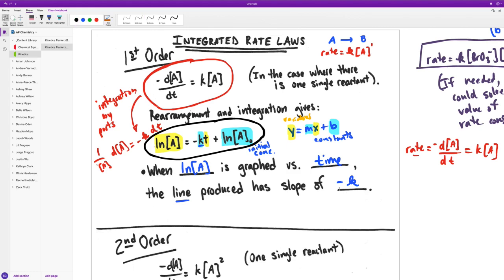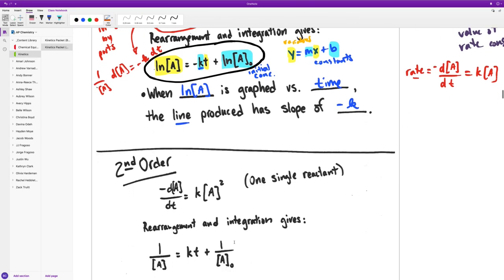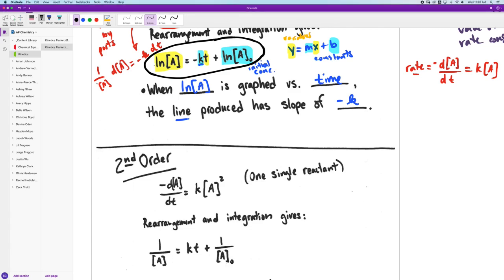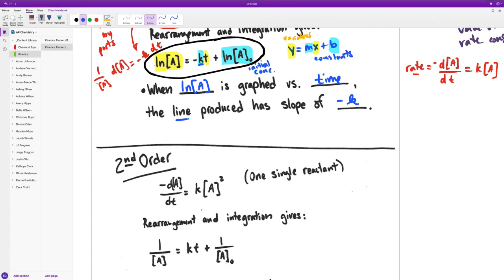Let's have a look at a second order reactant. Okay, so here we've got the differential rate law, which tells us that the rate of reaction with respect to A is proportional to A squared at every moment. So the concentration of A squared times some rate constant gives us the actual rate.